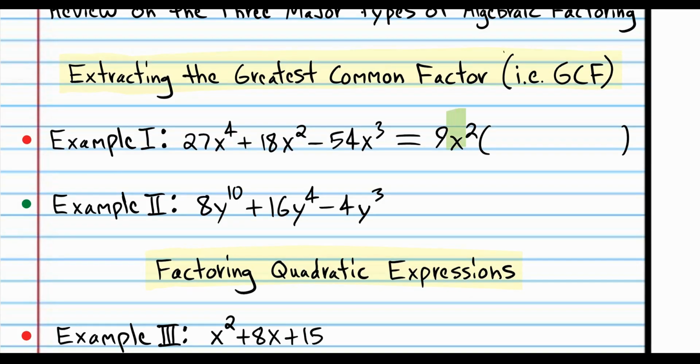We just ask 9x squared times what is equal to 27x to the fourth? If you said 3x squared, you're correct.